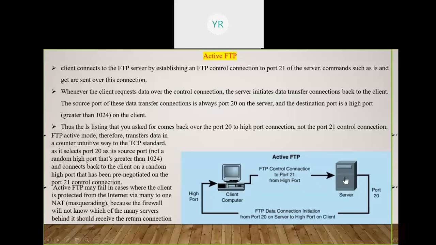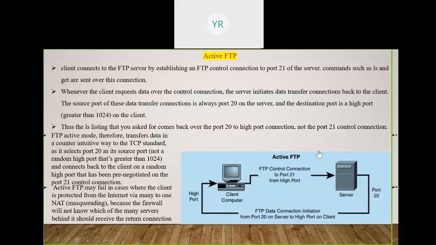After that the server will check the authentication of that client. That means if it is a regular FTP, it will check the username and password, and if authentication is okay, then through port 20 of the server it will send the data. That data is received at the high port of the client. So here the server actively initiates the data connection.